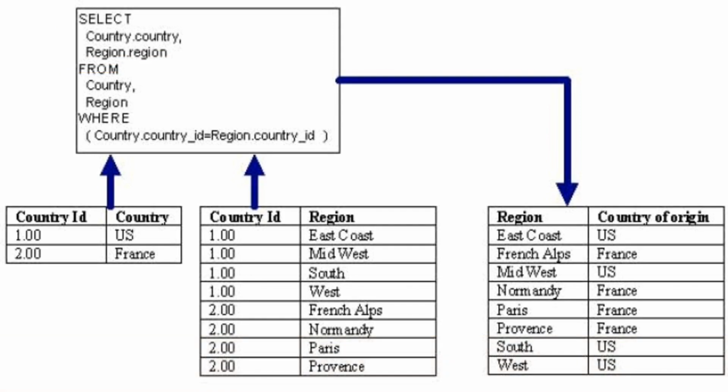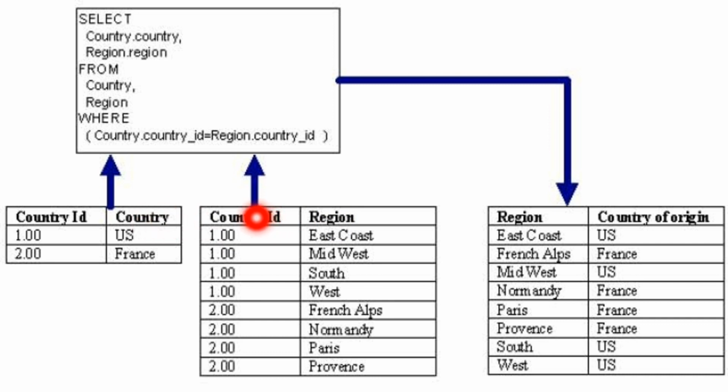So here is an example. The query is select country.country and region.region from country and region, where country.countryID is equal to region.countryID. For this we have used the country table as well as the region table. In the country table we have two attributes, and in the region table we have two attributes.